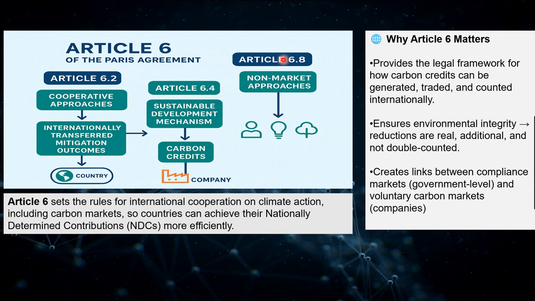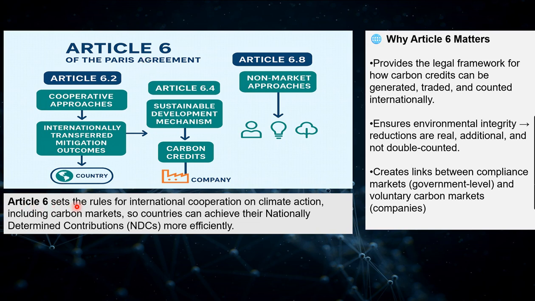It is not limited to trading. Somebody can contribute to the markets by developing a new technology. And based on that newly developed technology, say direct air capture or direct carbon capture, other entities can use that technology to generate carbon credits. So these are the three articles on a high level which talk about the carbon credit market.